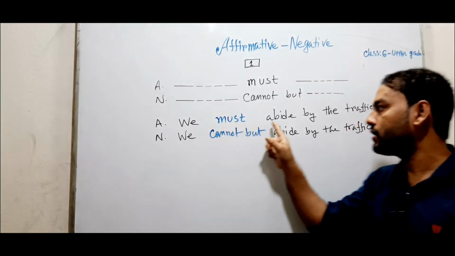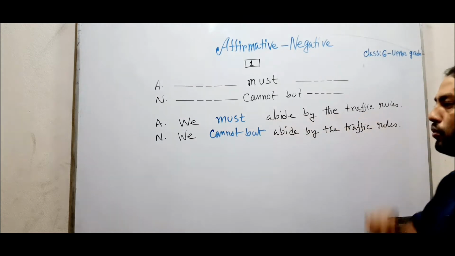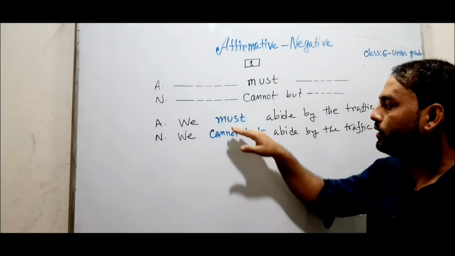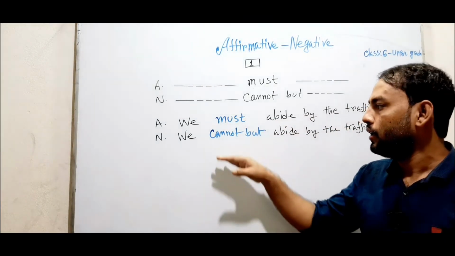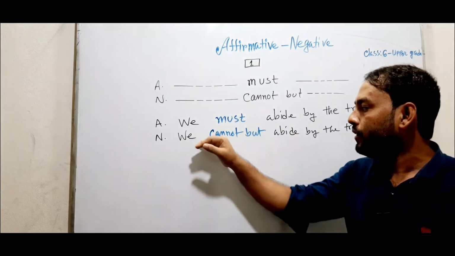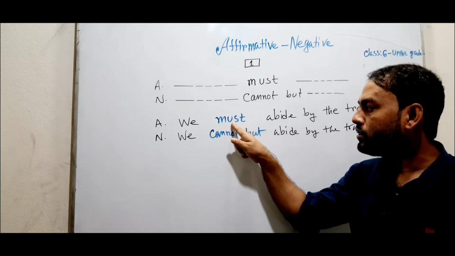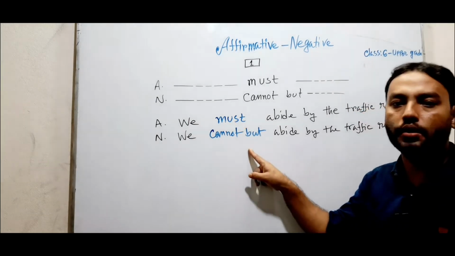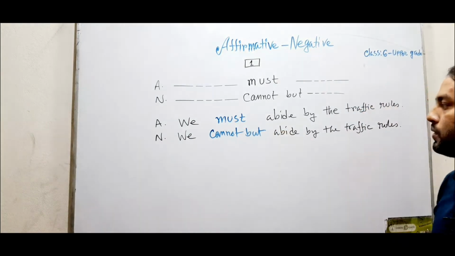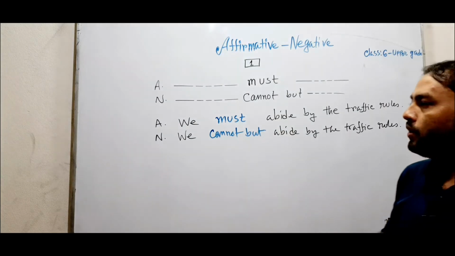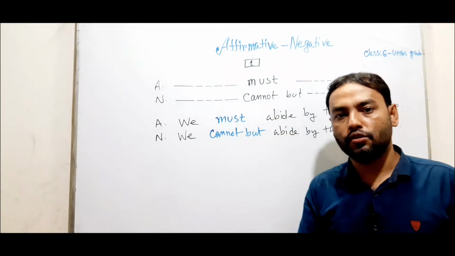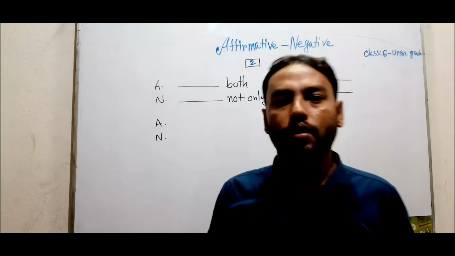We must abide by the traffic rules. Here we can see must. I have written the negative sentence: we cannot but abide by the traffic rules. Instead of must we have used cannot but, and the rest of the sentence stays the same. Dear students, I hope you have understood this structure.